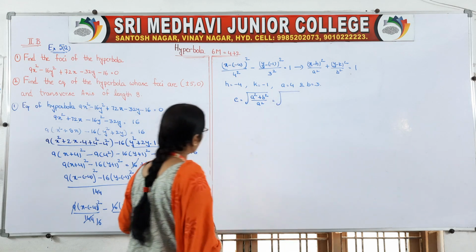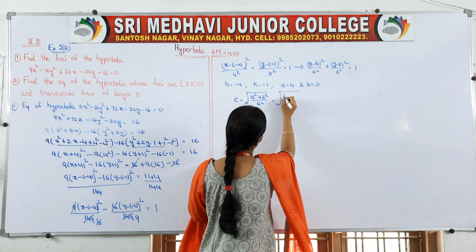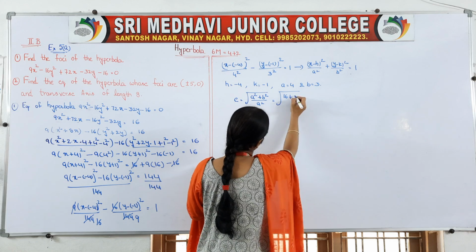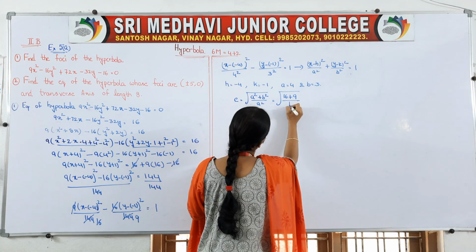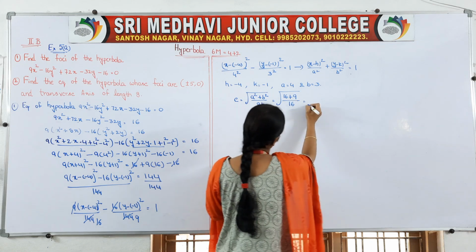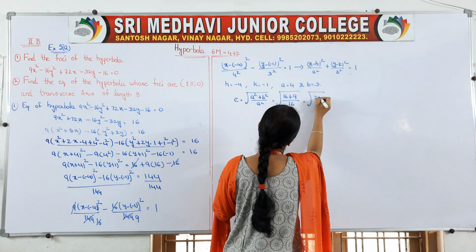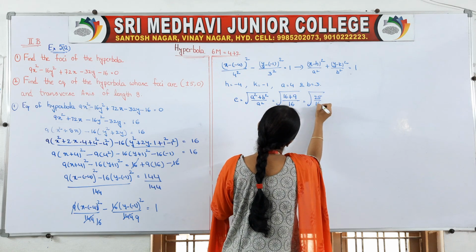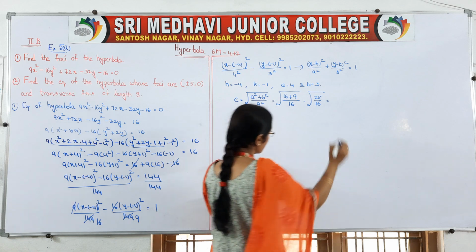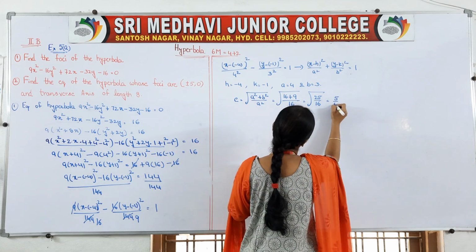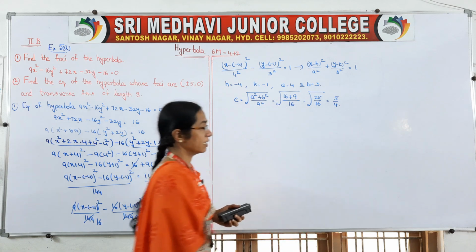So it is root of a square, 4 square is 16, plus b square is 9, by 16, right? So it is 25 by 16. Come on, how much is it? 5 by 4 is your eccentricity.